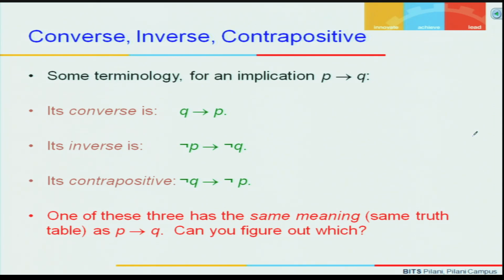So for a given compound statement P implies Q, the converse is Q implies P, its inverse is not P implies not Q, and its contrapositive is not Q implies not P. This is how the notation is. Converse is Q implies P, this is quite intuitive. Inverse is not P implies not Q. Its contrapositive is not Q implies not P.